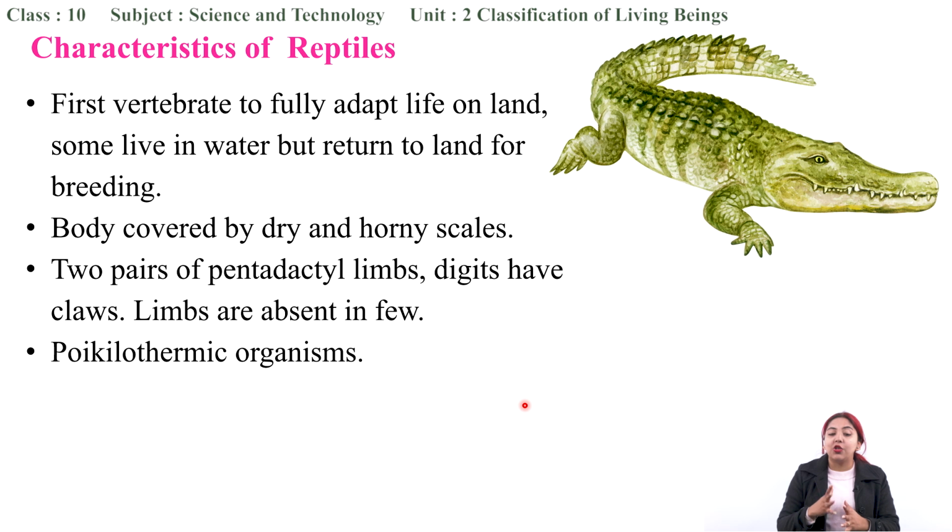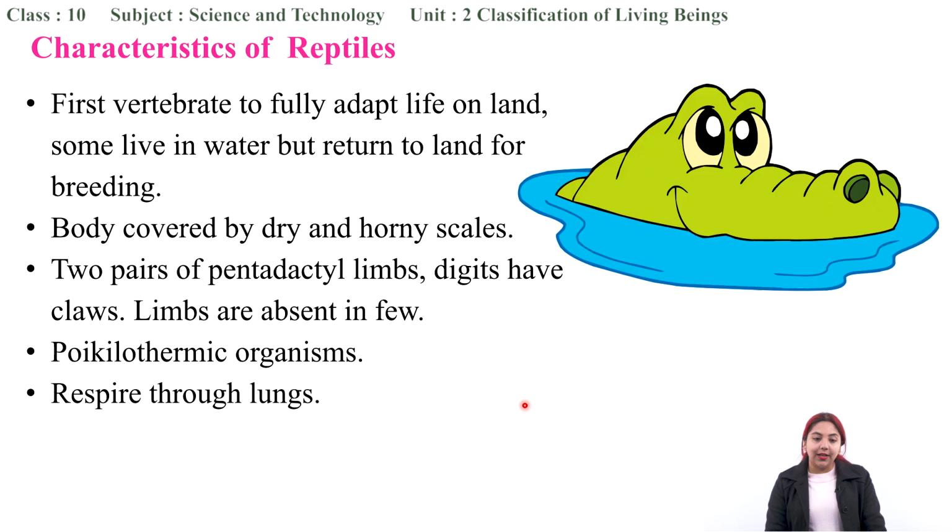Hence, they are known as cold-blooded animals or poikilothermic animals. Now, another characteristic is that they respire through lungs. You can see the crocodile, even though it stays in water, has its nostrils out of the water because it needs to breathe in oxygen, because it respires through its lungs. So another characteristic is that they respire through lungs.